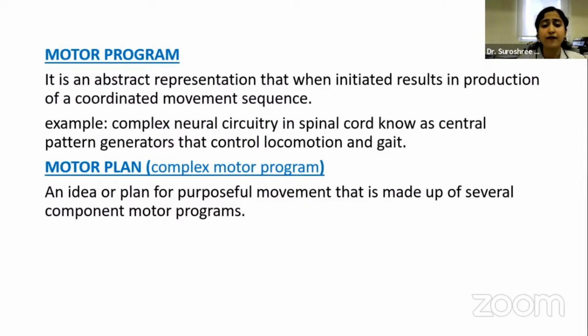So you already have that abstract representation stored. And when we initiate the movement, we get a proper motor movement, or we get a proper task that is being done, which is walking here. So motor program deals with an abstract representation, which when initiated leads to a production of coordinated movement sequence. Another example, if I want to pick up a glass of water, I already have that abstract representation in my mind that the glass is fully filled.